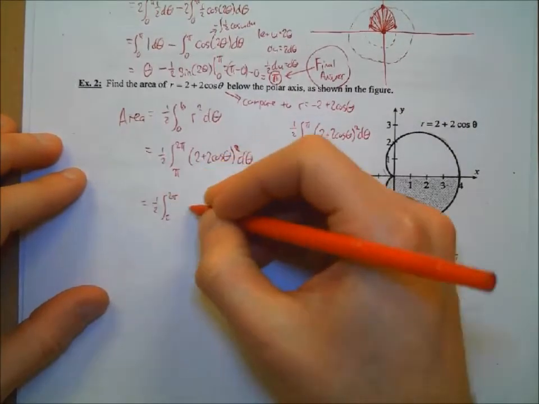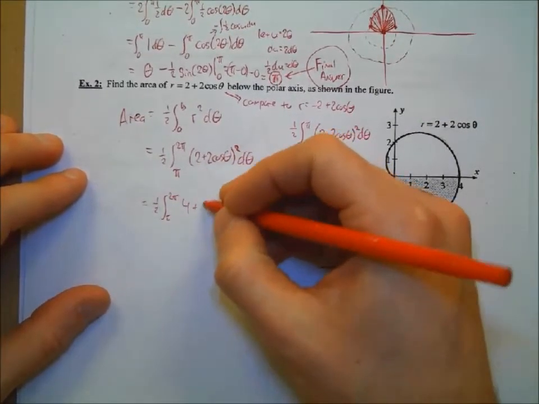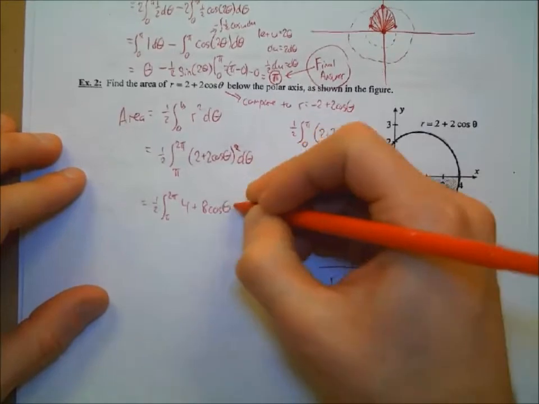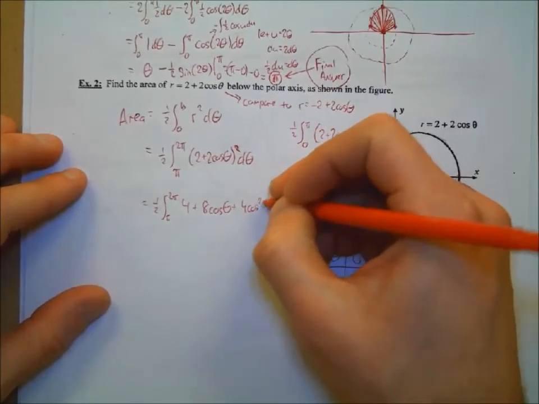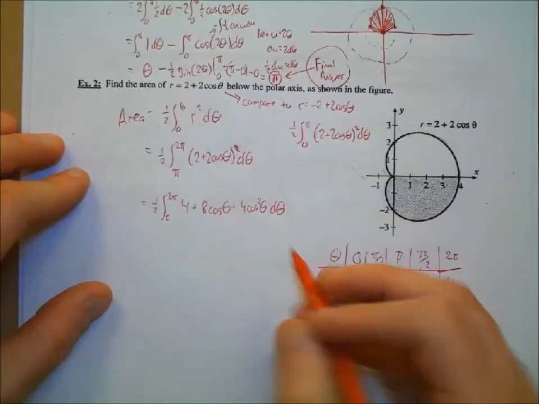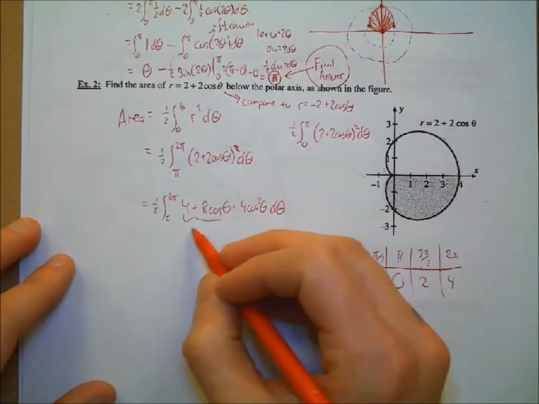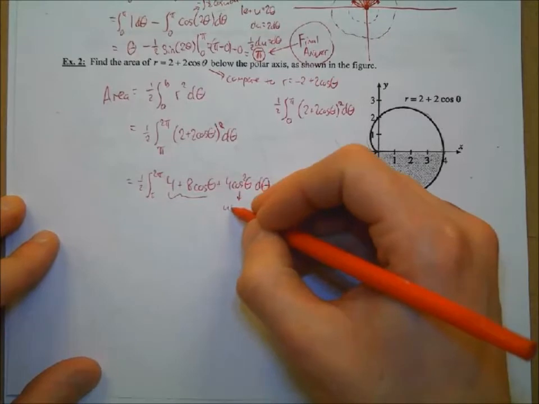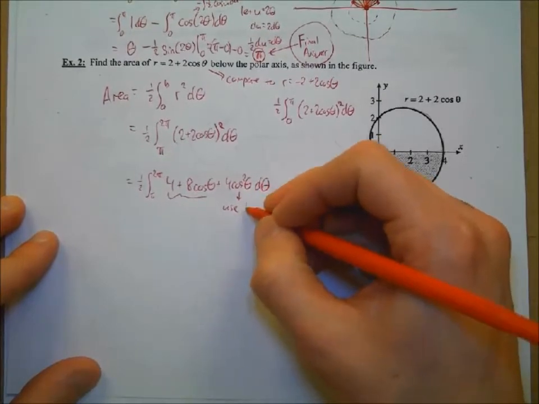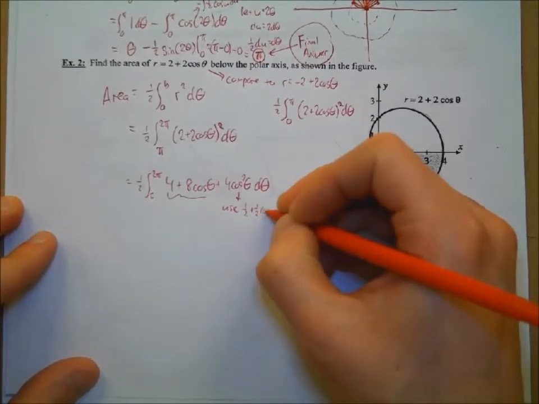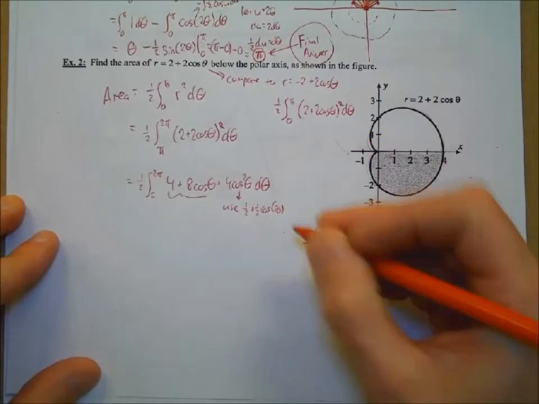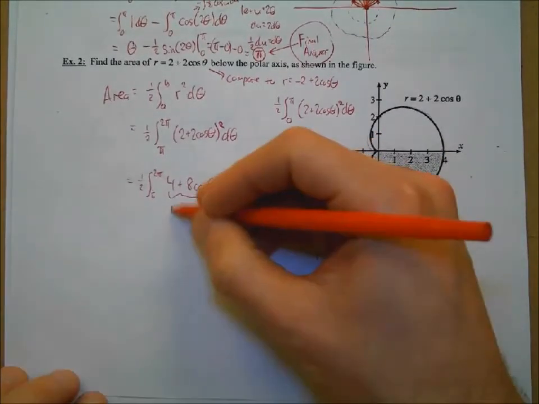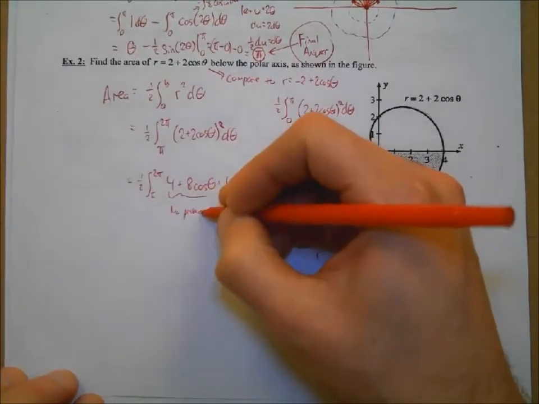It would be 4 plus 8 cosine theta plus 4 cosine squared theta d theta. This you can integrate no problem. This one you would have to use the 1/2 plus 1/2 cosine 2 theta to do. So you could do this by hand if you wanted to.